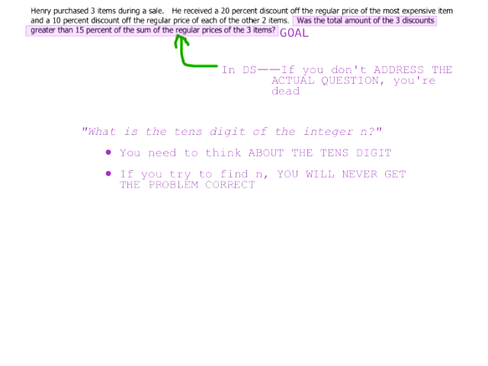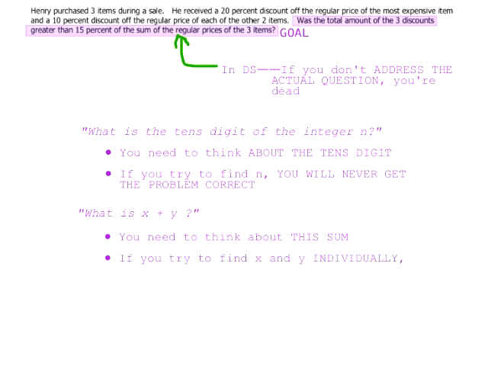Same thing. If a question asks you something like, what is x plus y? Well, you need to think about the sum. You need to actually think about this sum combination of x and y. If you try to find x and y individually, you will not get the problem right, etc. This is the whole point of data sufficiency.